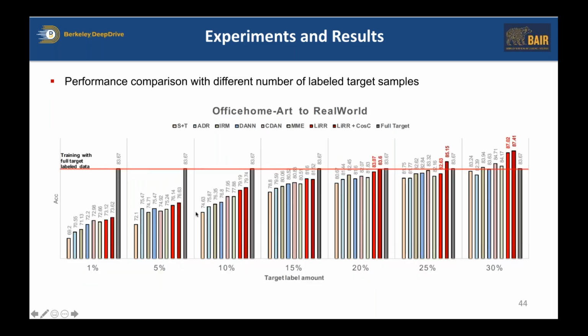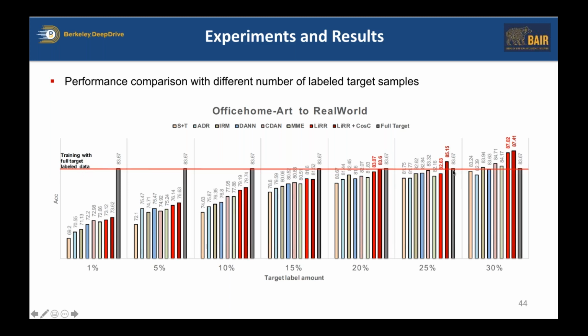Here, we studied what the target performance is given different amounts of labeled target images. We can see that if you increase the labeled target images, the performance on the target gets better and better. The interesting observation is that we can achieve even higher accuracy than the training with full target labeled data.